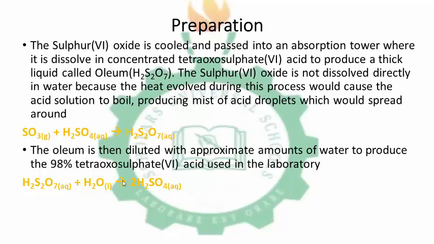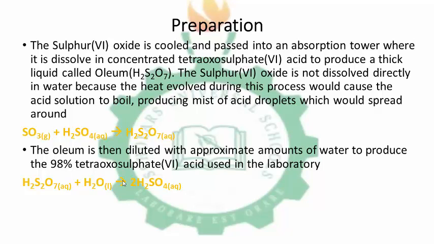Now, the reaction in preparing the sulfur 6 oxide in the contact process is also the same thing we do when we want to prepare sulfur 6 oxide industrially. In the industrial preparation of sulfur 6 oxide, the preparation takes place in what we call the contact tower.